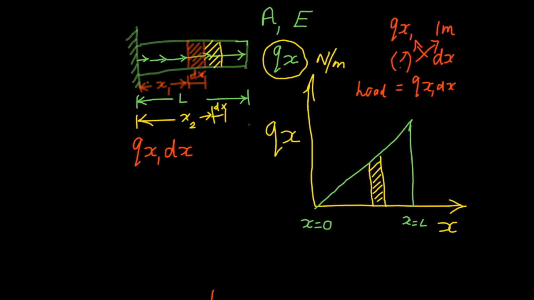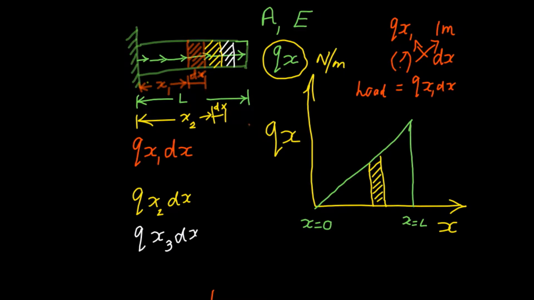That would be q into x2 into dx. Now I'm going to consider the next small portion that is represented by this white here, considered at a distance of x3 from the left extreme end, and the length of this next small portion is also dx. The load that is placed on the next small portion is q into x3 into dx.